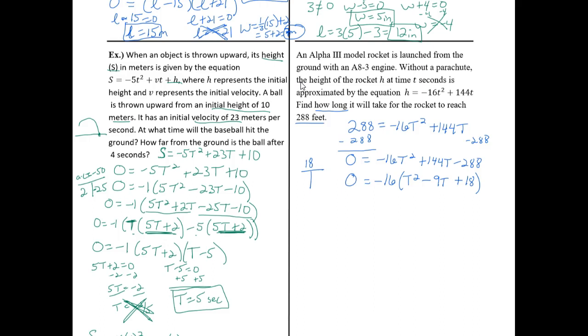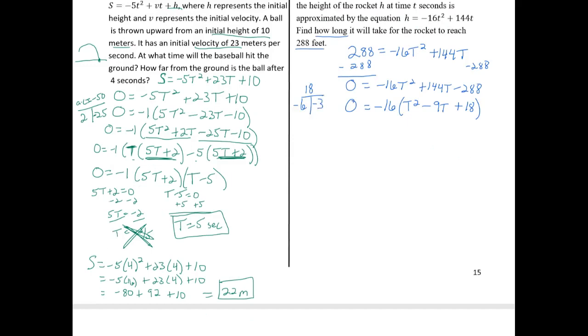So I'm thinking 6 and 3 multiply to give me 18. But if they're both positive, I would get a positive 9 in the middle. So I'm going to make them both negative, and negative times a negative would give me positive 18. Negative 6 plus negative 3 would give me a negative 9, which is just what I want.